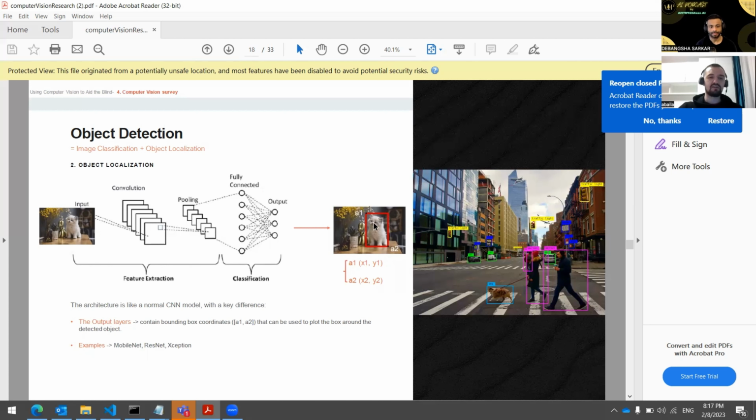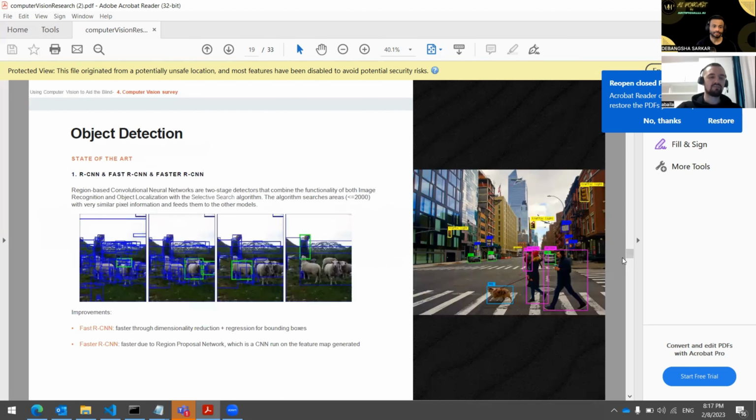As you see here, because the network has been trained on hundreds of thousands of pictures like this of cats and their coordinates within the picture, then it knows that this cat is present at these coordinates right here, right? That's the fundamental difference.